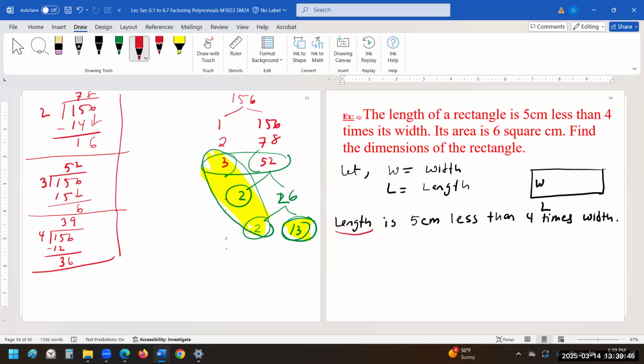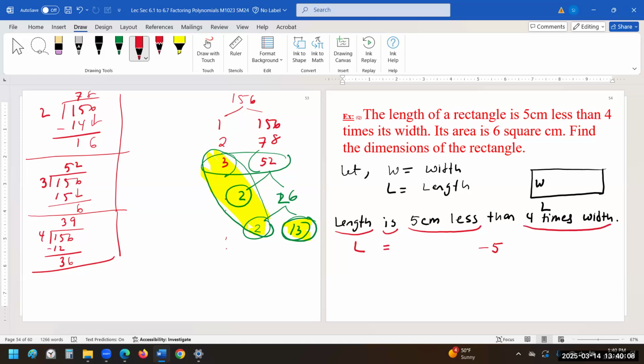Length. What is length? L. Is. What is is? Good. Equal. 5 centimeter less. What does that mean? Minus 5. And anytime we subtract 5, we're supposed to write it later, right? So I'm going to write minus 5 later.